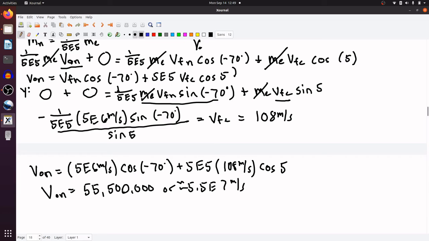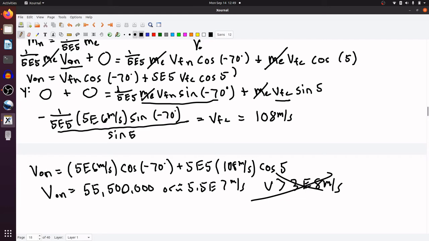A couple things. If I ever give you a problem like this, like on your written homework, your velocity cannot be greater than 3 times 10 to the 8th meters a second. That is a no-no.